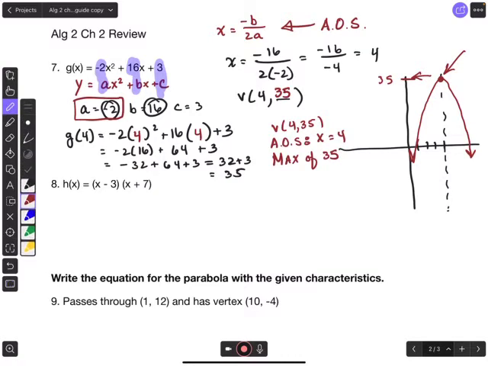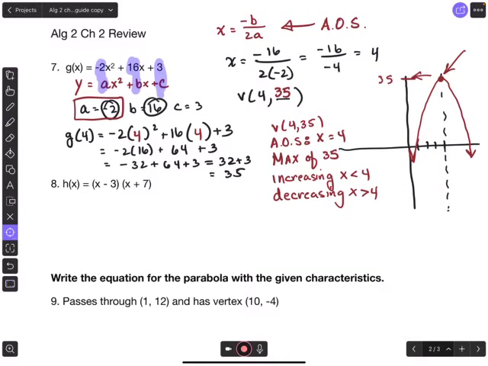So increasing when x is less than 4, and then decreasing once x gets to be bigger than 4. So once I hit 4, right up here, I start to come down.